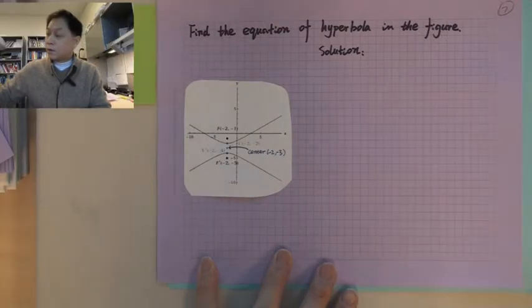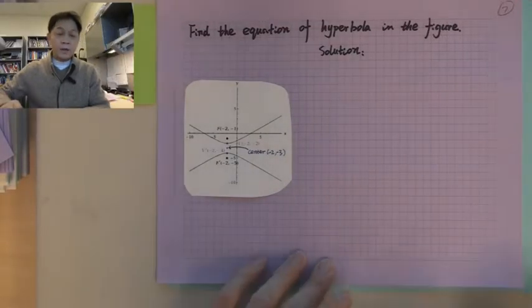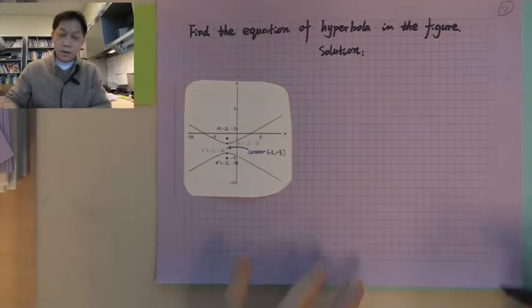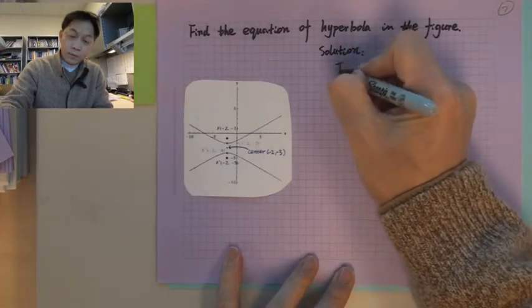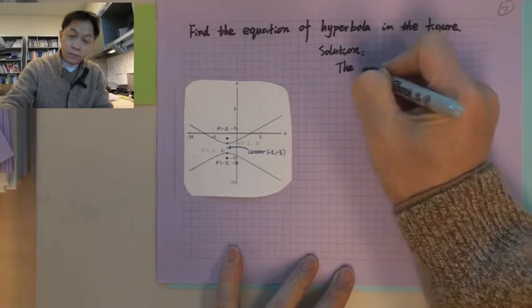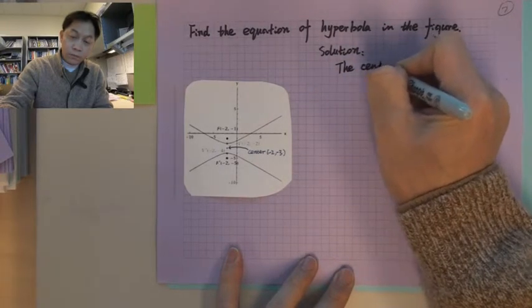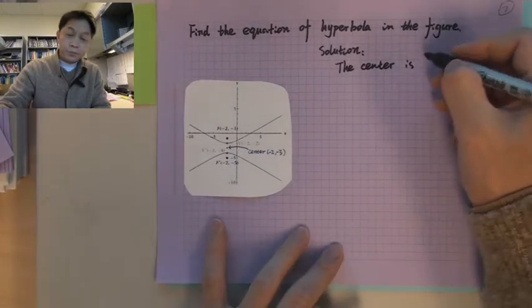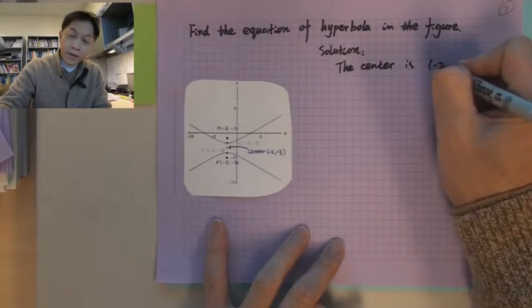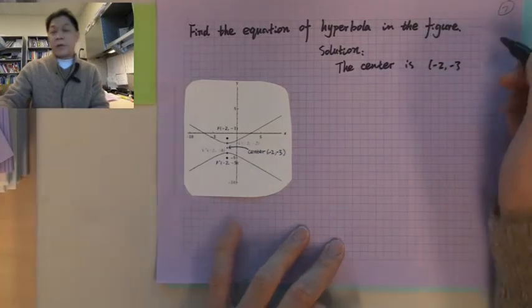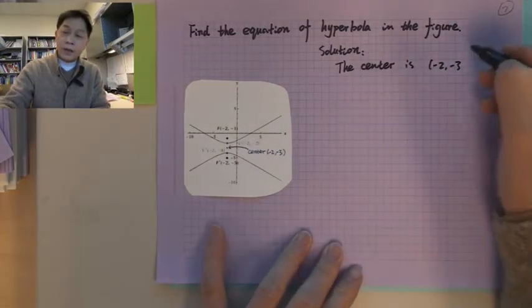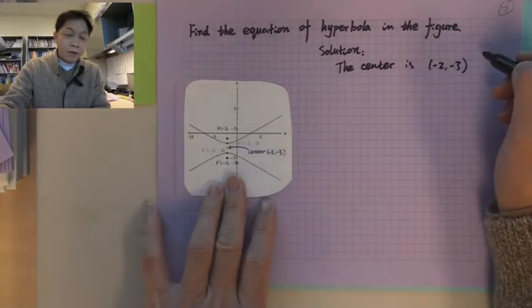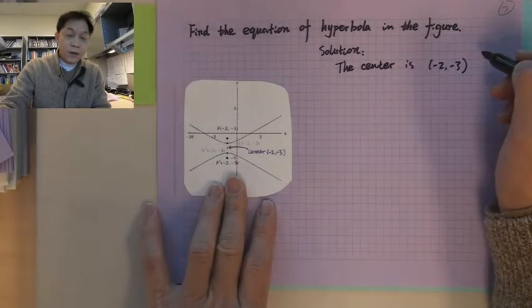Let me write it down here. The center is (-2, -3).